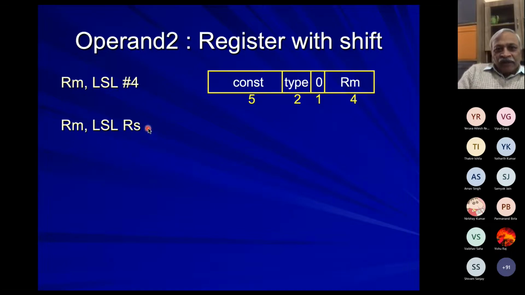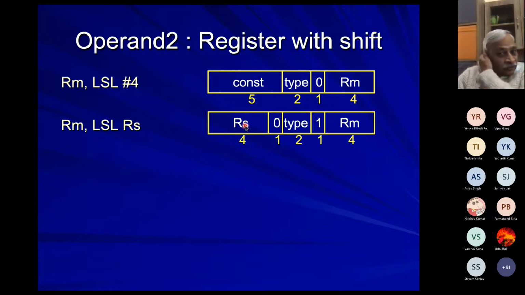Here we are specifying the shift amount by a register. So instead of a 5-bit constant, we have a 4-bit register field to specify one of the registers. Again, 2 bits are for shift type, and this bit is put 1. So this is the bit which distinguishes whether the shift amount is a constant or coming from a register.